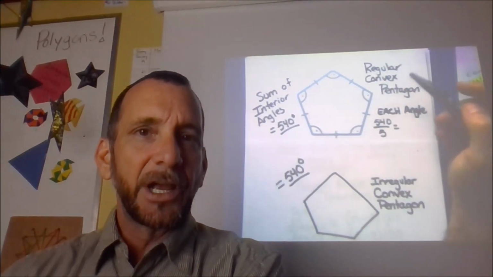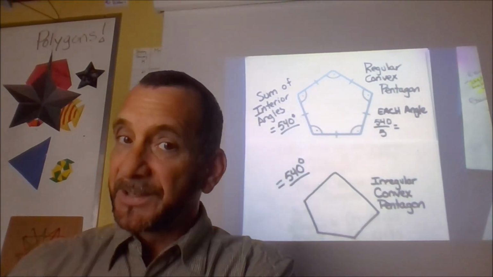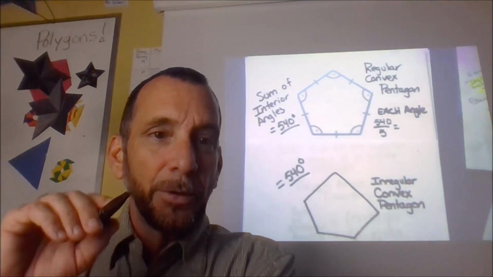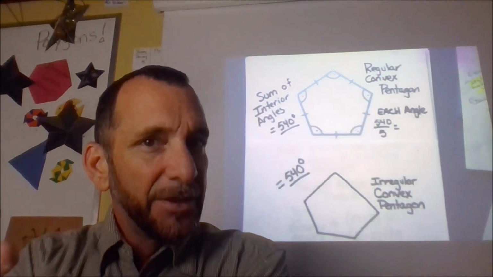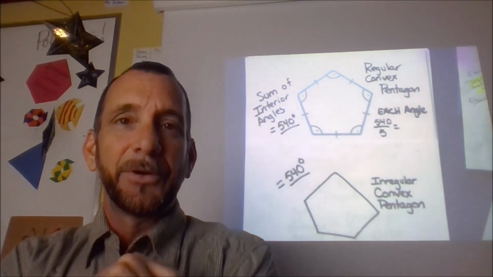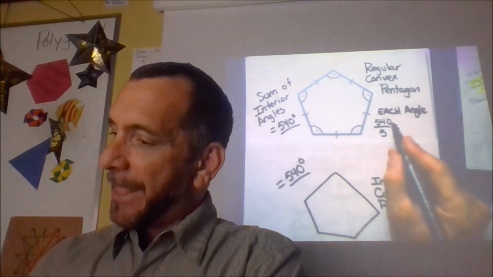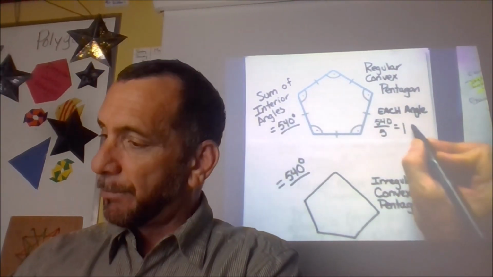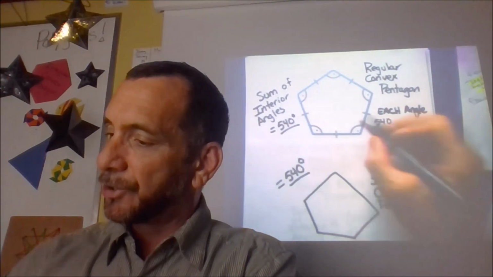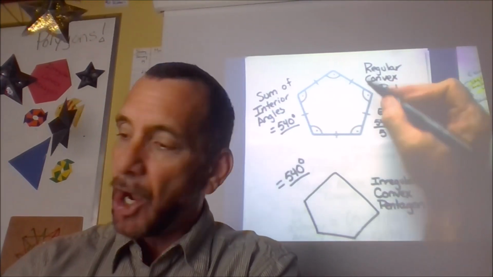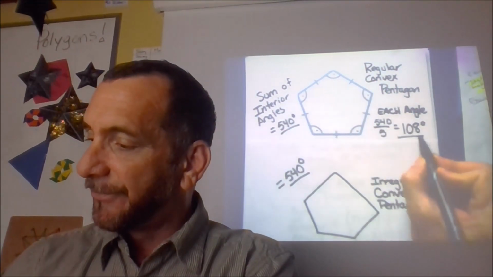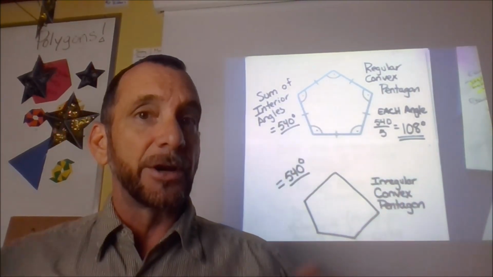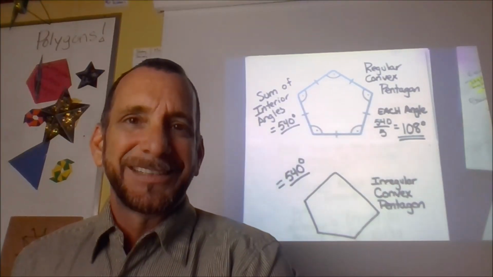For a regular convex pentagon, the sum of the measures is 540, and all we have to do is divide by the number of sides, which is also the number of interior angles, and that is 540 divided by 5, and each angle measures 108 degrees, 108, 108, all the way around, and that's a very useful number that won't change no matter how large the regular pentagon is.